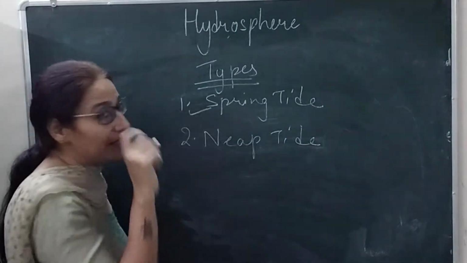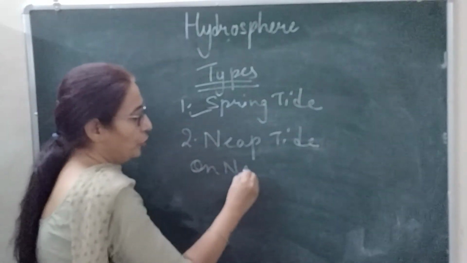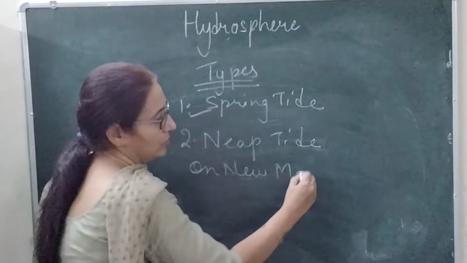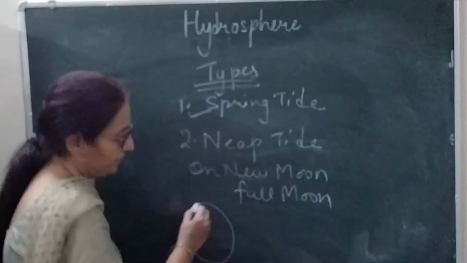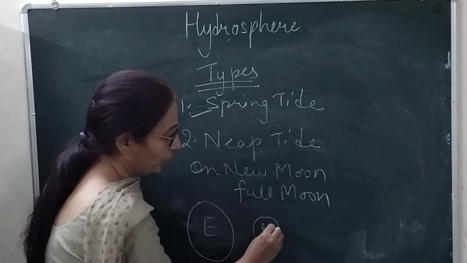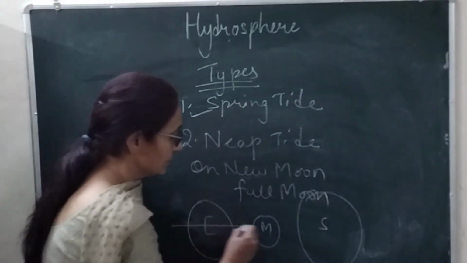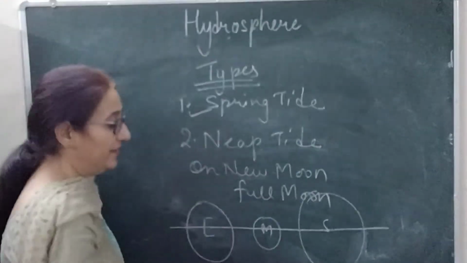During spring tide, on new moon and full moon, the position of the Earth, Moon and the Sun forms a 180-degree angle.